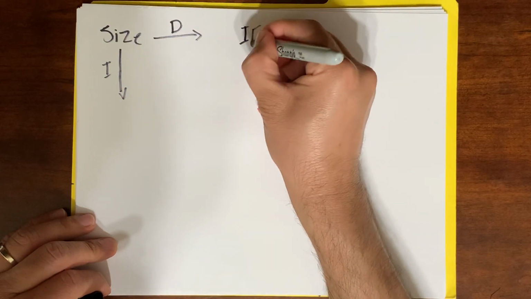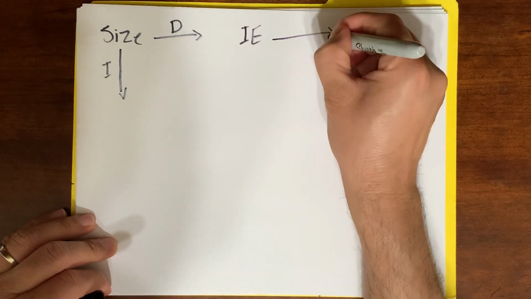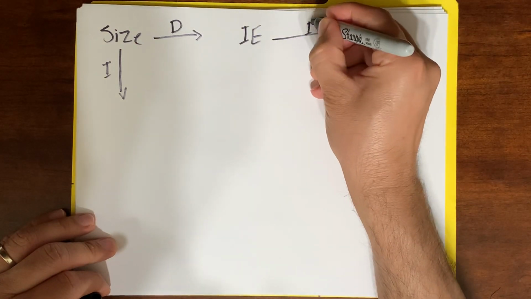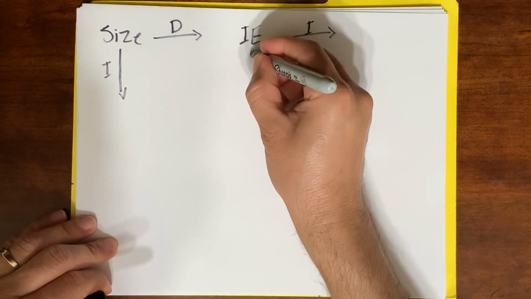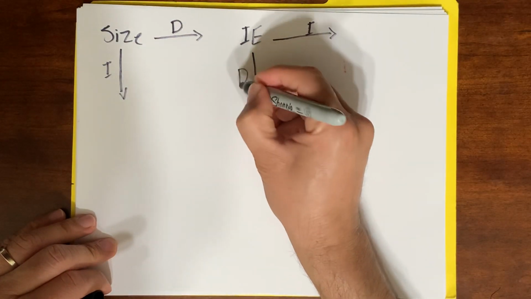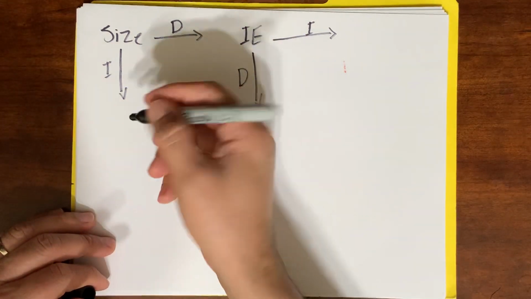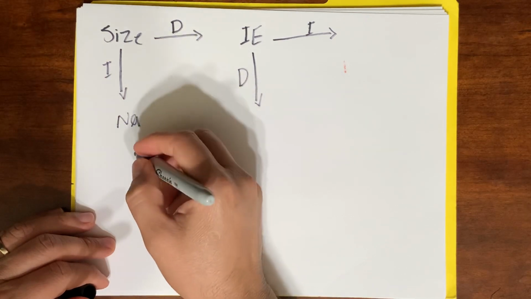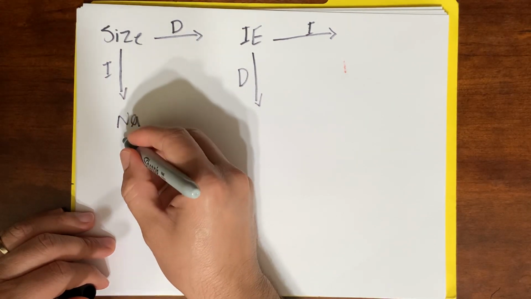Ionization energy to the right side of the periodic table: if size is getting smaller, ionization energy will go up. When size is getting bigger, ionization energy decreases. So, for example, sodium has a smaller size than potassium.